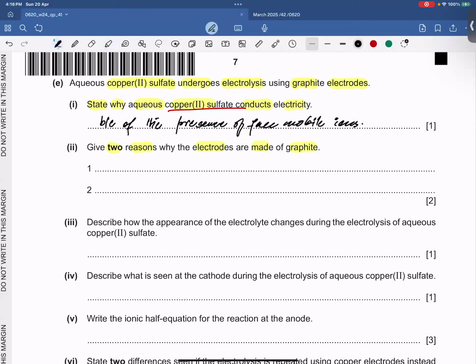First of all, graphite conducts electricity. And number two, graphite is inert or unreactive.